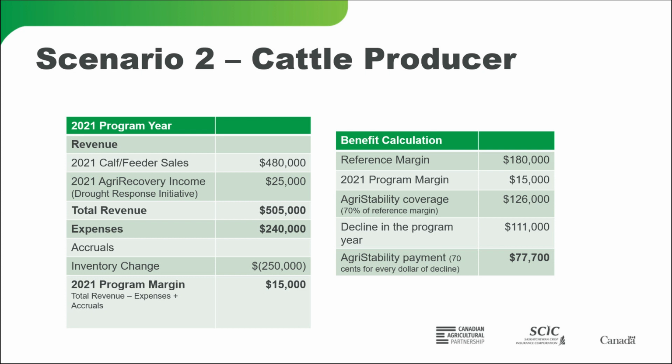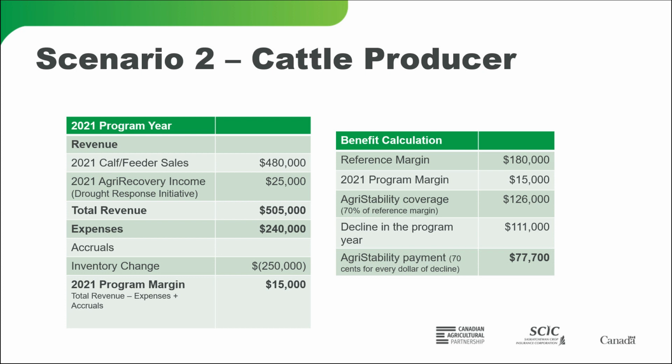His expenses came in at $240,000. He had to haul his cattle to alternate pastures as well as purchase extra feed. And the inventory change with the accrual adjustment, that large decrease of inventory valuation of $250,000, caused the program margin to be $15,000 for the 2021 program year.